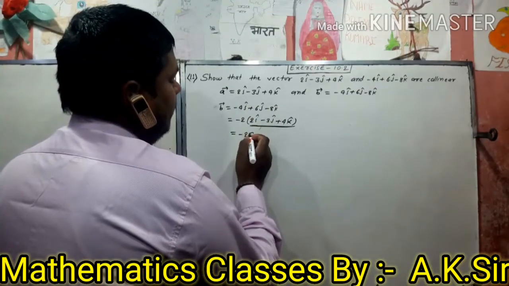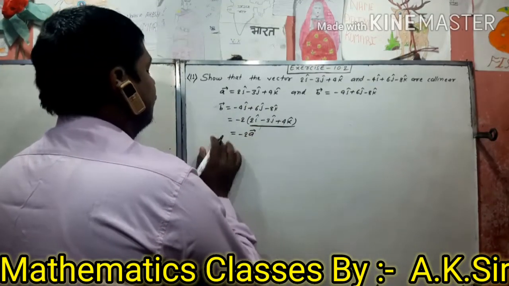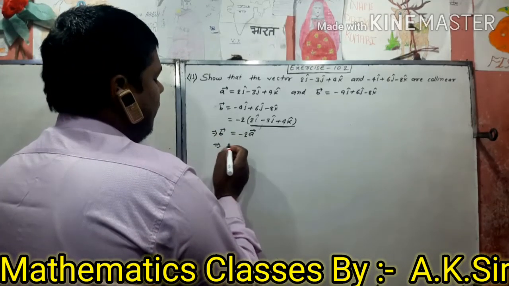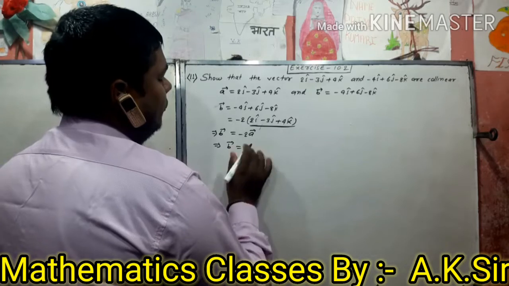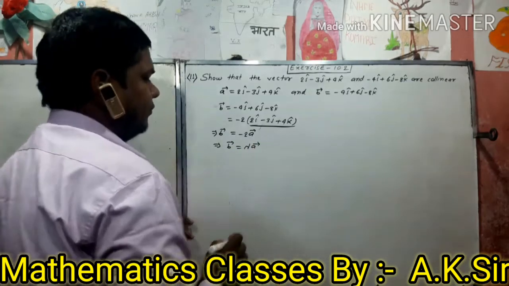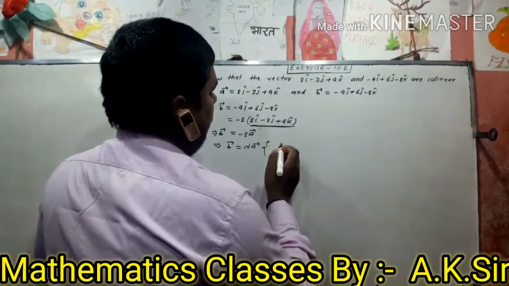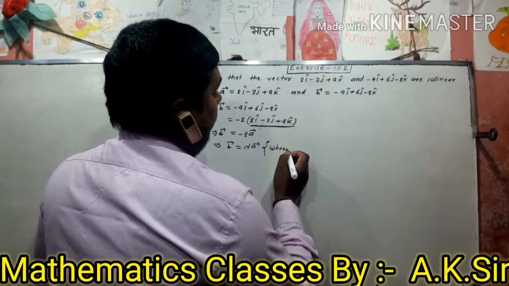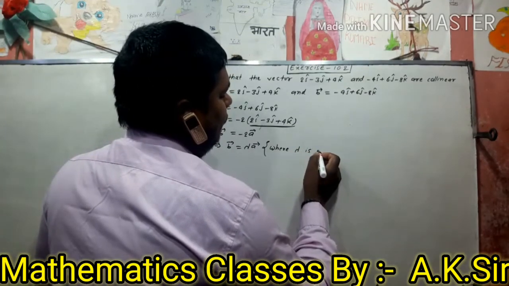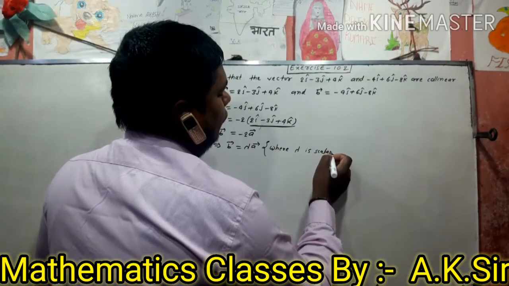So you can write B vector is equal to lambda A vector, where lambda is a scalar.